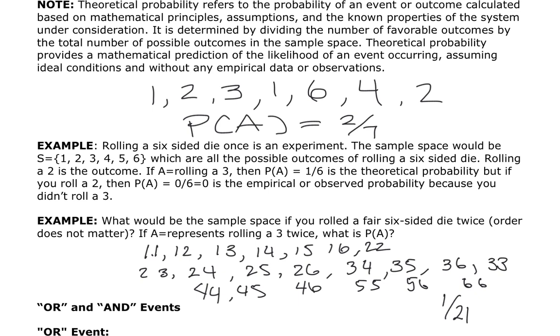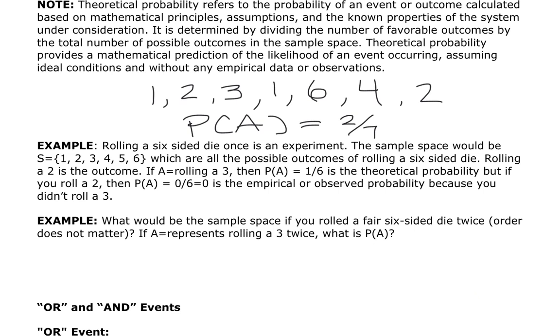Now, let's talk about if order does matter. So if order does matter, then you have to pay attention to the sample space. So a 1 then a 1 is different than a 2 then a 1, which is different than a 1 then a 2. So if you are rolling a 6-sided die and order does matter, there are 6 possible outcomes for the first die, and there are 6 possible outcomes for the second die.